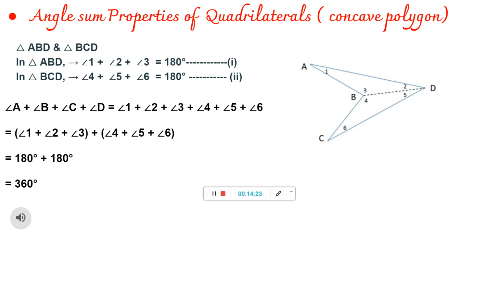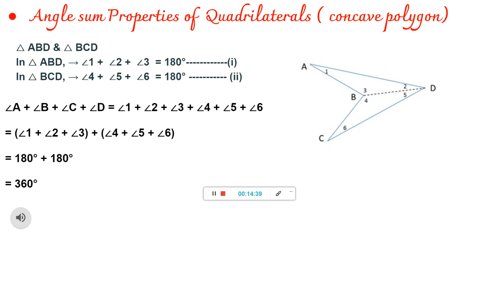So let's call the first one equation 1 and the second one equation 2. So if we add equation 1 and equation 2, on the left hand side we get angle 1 plus angle 2 plus angle 3 plus angle 4 plus angle 5 plus angle 6, which would be 180 degree plus 180 degree.